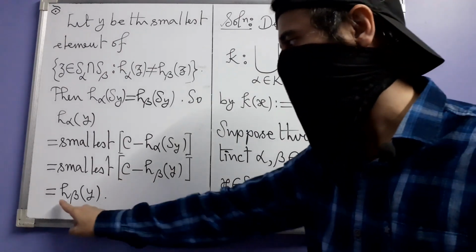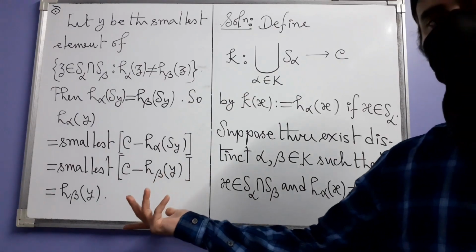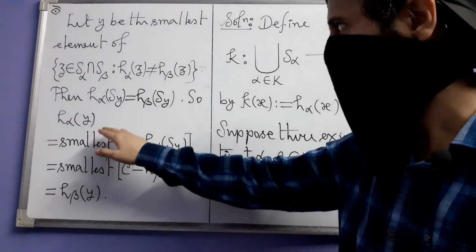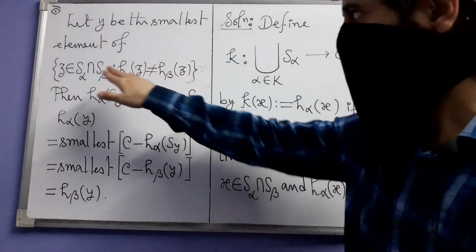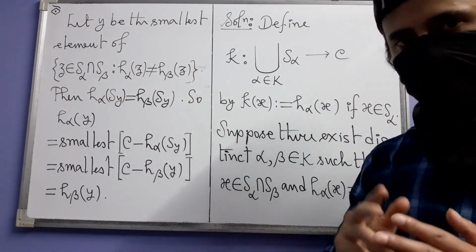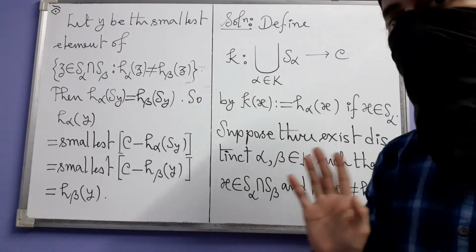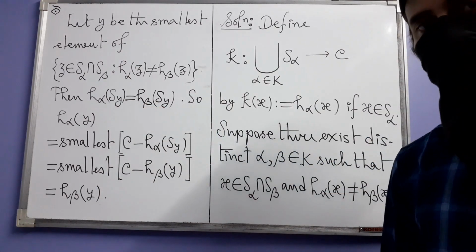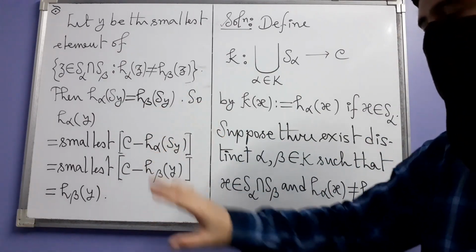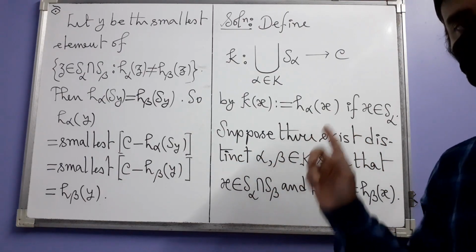That, however, in turn is equal to H beta of Y. But now you have got a contradiction, because Y, being the smallest element of this set, is after all an element of the set. So H alpha of Y should not be equal to H beta of Y, but that is what we have got, and this contradiction arises from this supposition. So the supposition must be wrong.